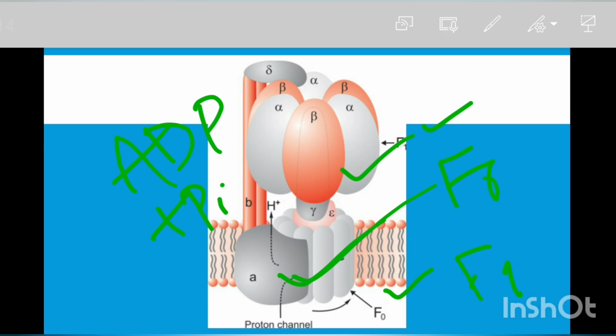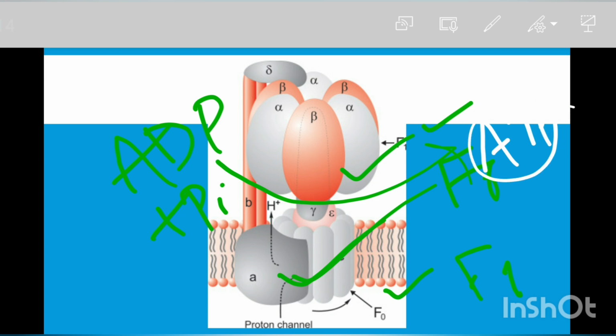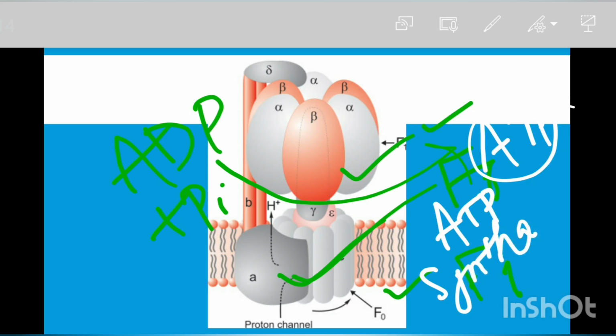Then the free energy of the proton motive force released during the passage of protons through the proton channel is utilized for the phosphorylation of ADP. Finally, ATP is generated from ADP and Pi, or inorganic phosphate, in the presence of the enzyme ATP synthetase or ATP synthase.